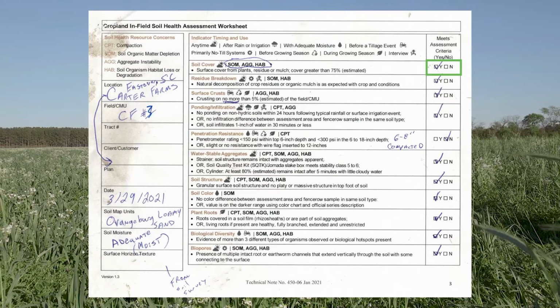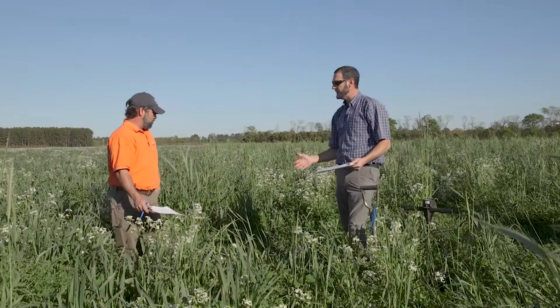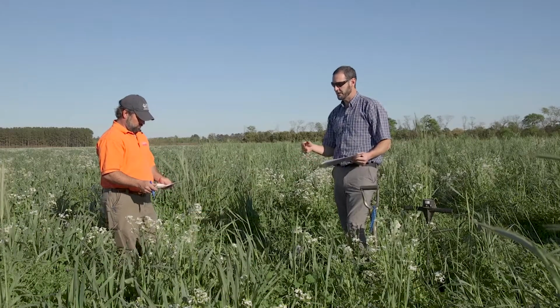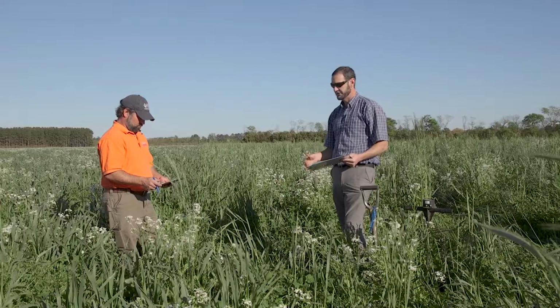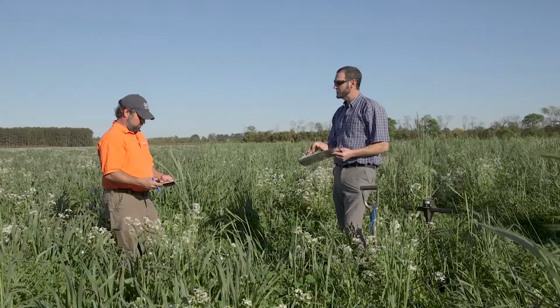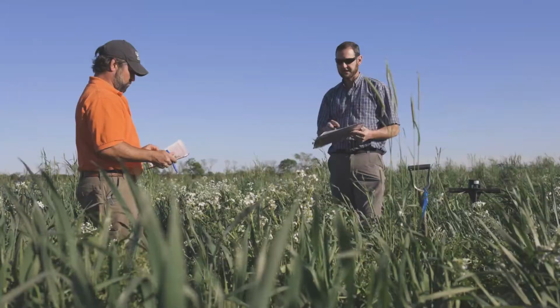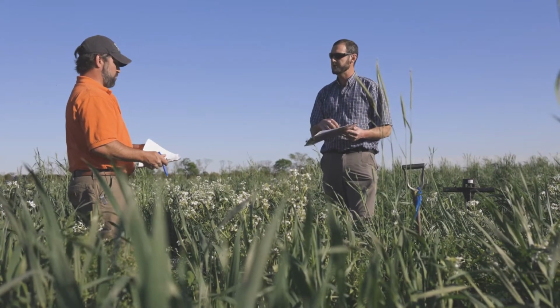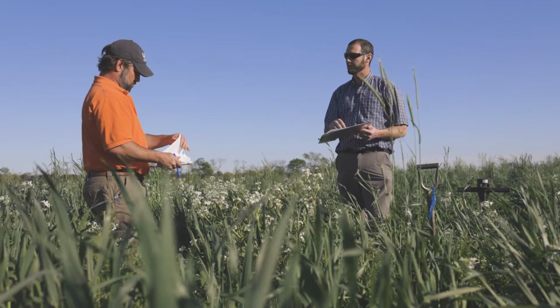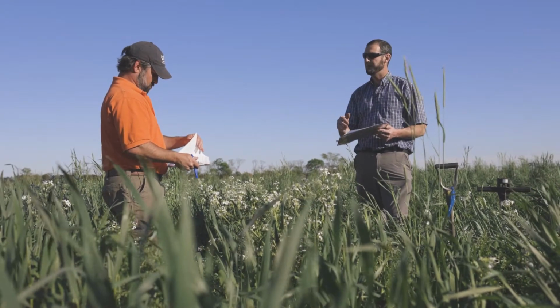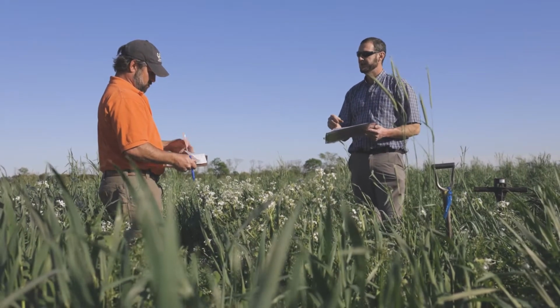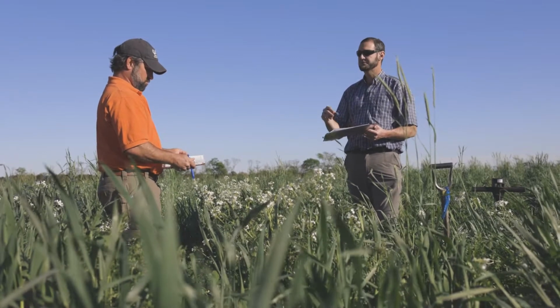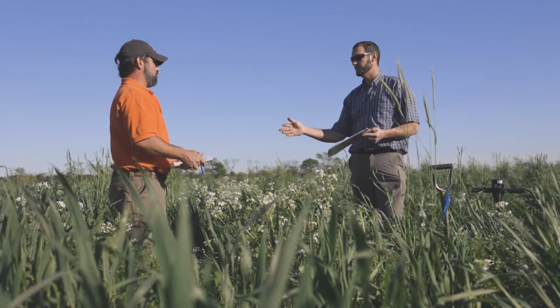We're in a situation where we have a lot of cover here, but we may be doing this assessment on areas where there is not this much cover. If we need more specific guidance on completing that indicator, we can go back to the technical note, which gives pictorial data on different amounts of residue represented by 25%, 50%, 75%, up to 100%.